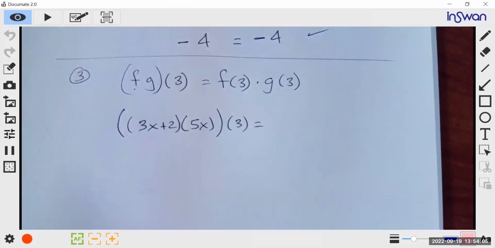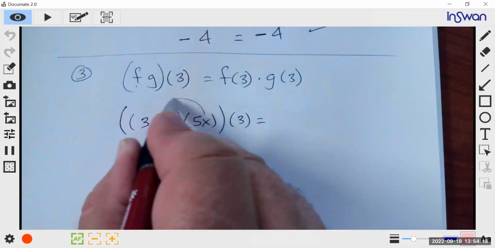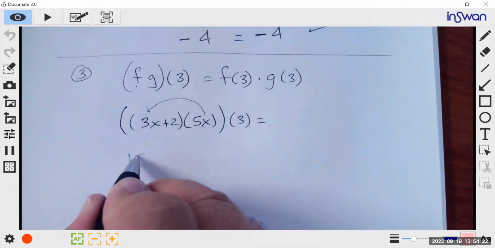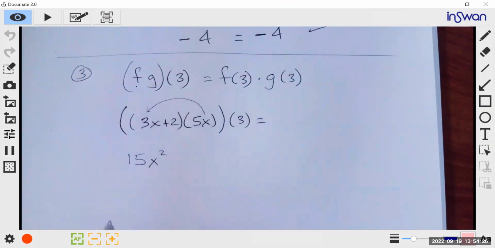Now, anybody know how to do this? It's kind of FOIL, but FOIL only works when you have two binomials. This is distributivity. So 5x times 3: 5 times 3 is 15, x times x is x squared.